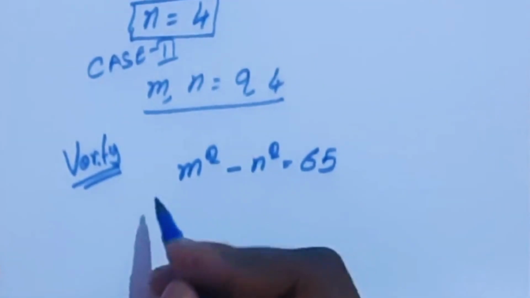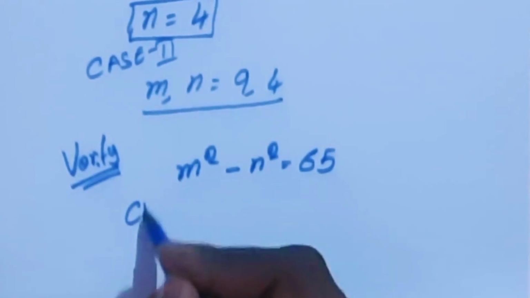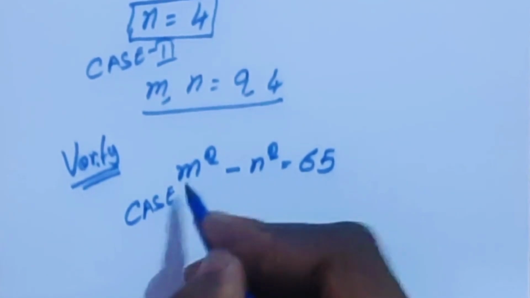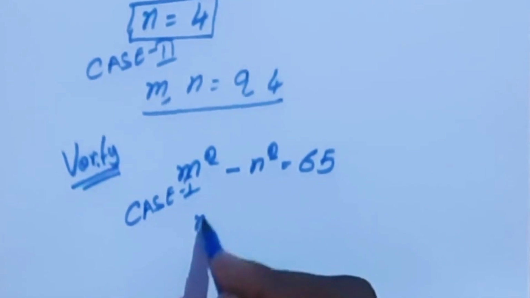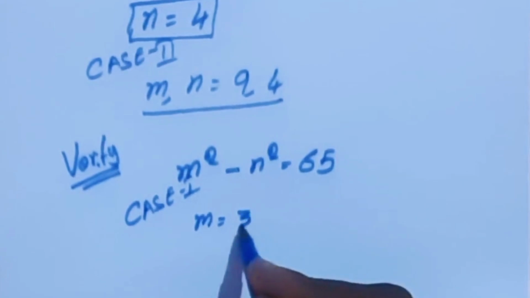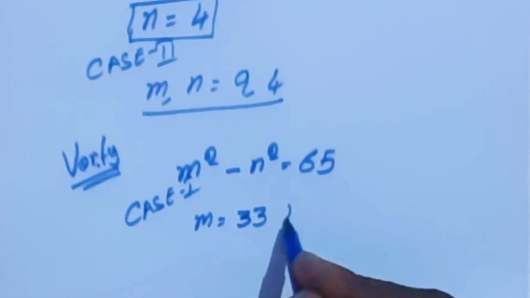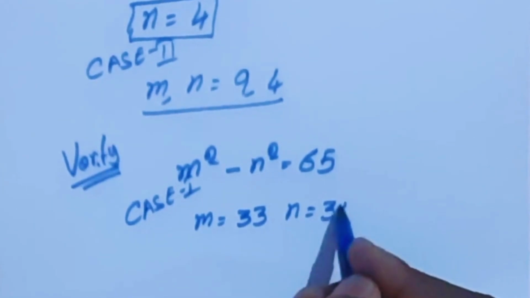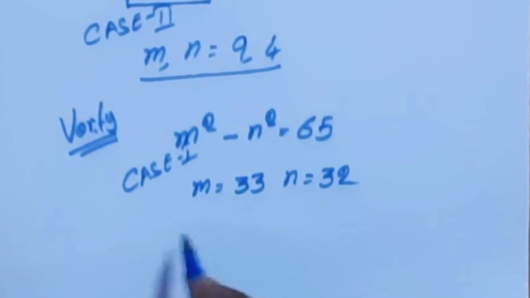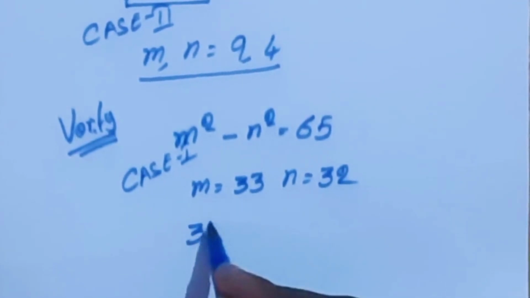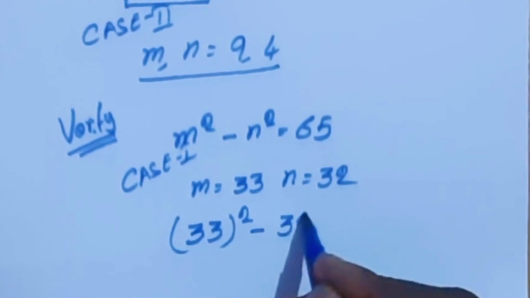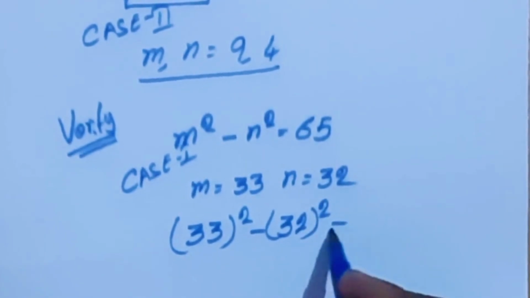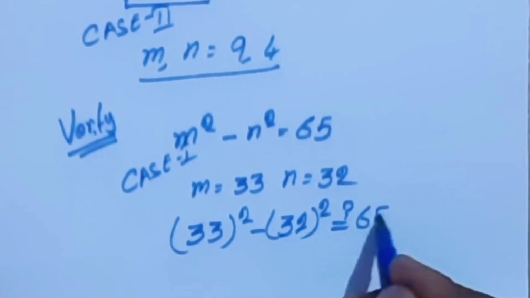So here we are going to apply for case 1. Here m equal to 33, n equal to 32. So applying this here, so 33 square minus 32 square equal to 65.